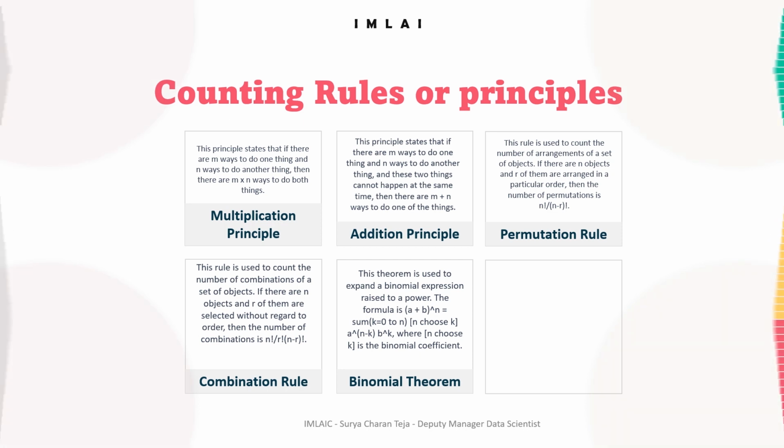We'll be looking into this at a later stage. You don't need to worry about it. Of course, we have seen this when we worked on the sampling and distributions course. These rules and principles are used in various fields such as mathematics, probability, statistics, and computer science.